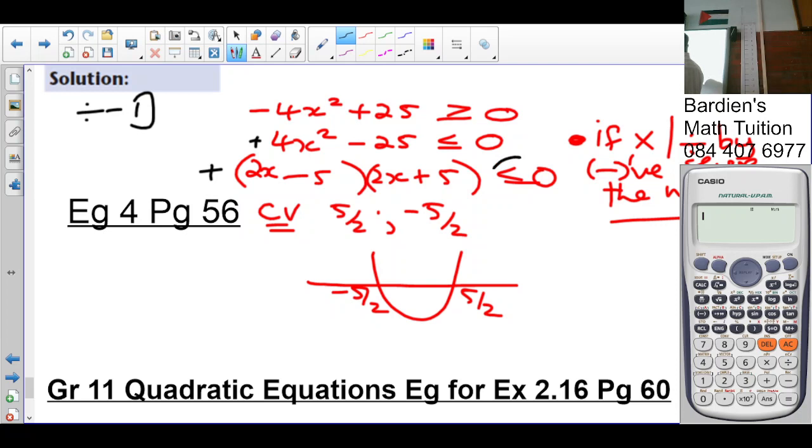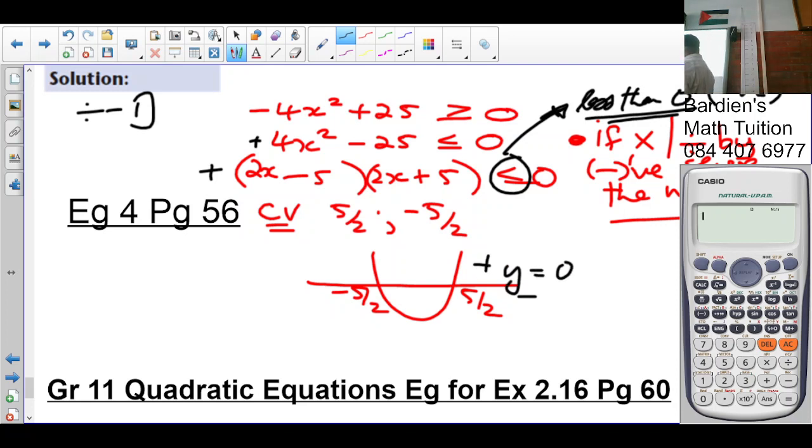So what does this inequality tell us? It must be less than 0, so it is negative. So this is y is equal to 0, that is more than, and this is less than. So do we shade above the line or below the line? Is it apart or continuous? Can you see that?